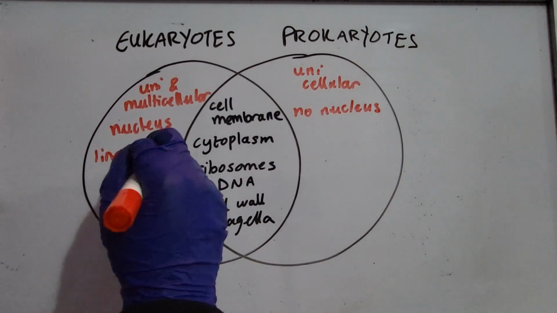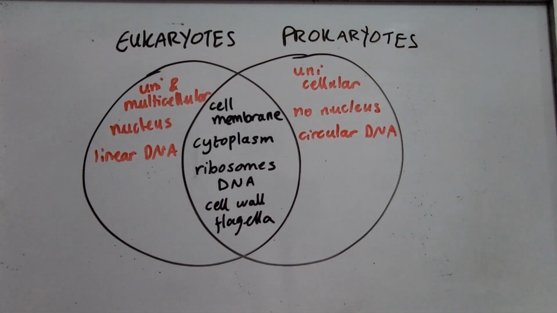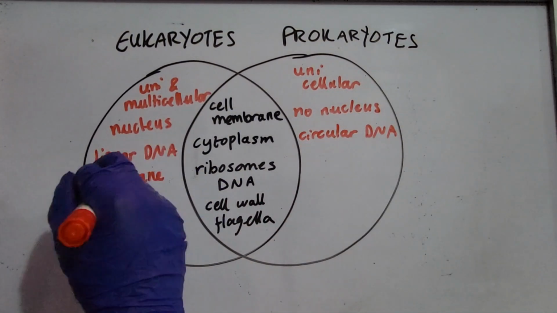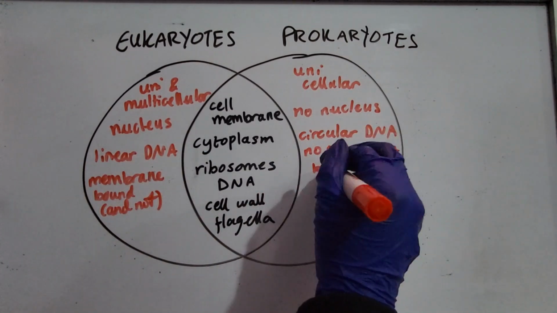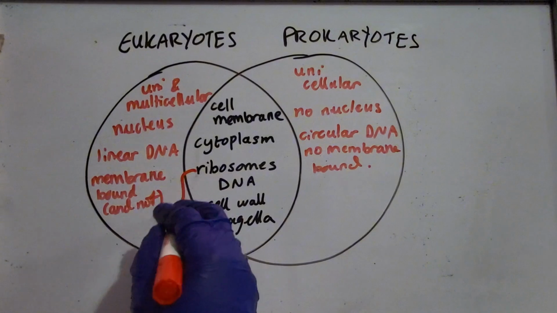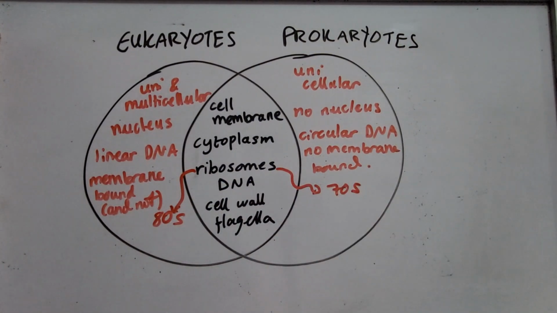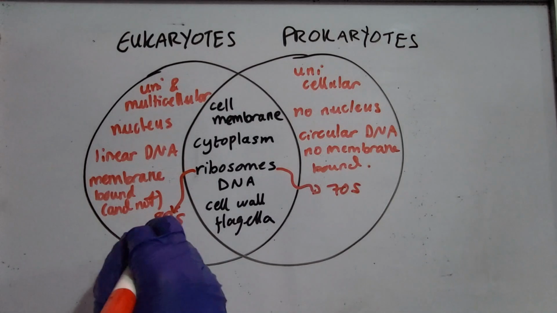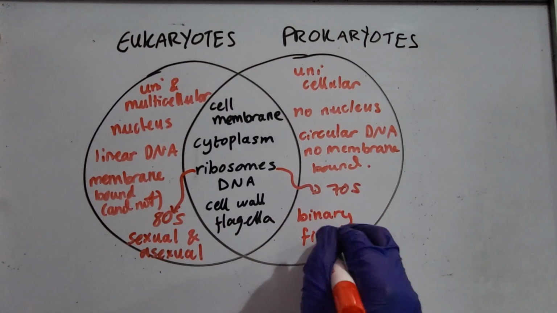Eukaryotes have linear DNA contained within the nucleus. Prokaryotes have circular DNA, which is supercoiled and free-flowing. Eukaryotes can have membrane-bound organelles and non-membrane-bound organelles, but prokaryotes only have non-membrane-bound organelles. Both have ribosomes, but eukaryotes have 80S ribosomes and prokaryotes have 70S ribosomes. Eukaryotes reproduce via sexual and asexual reproduction, but prokaryotes only reproduce by binary fission.